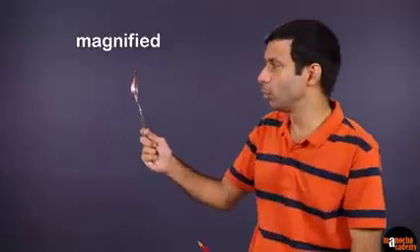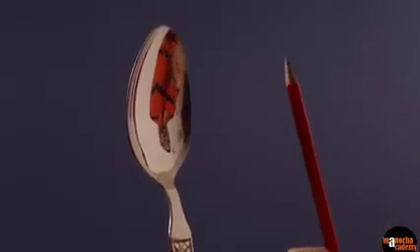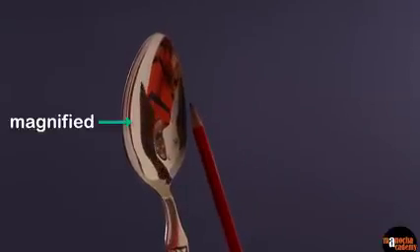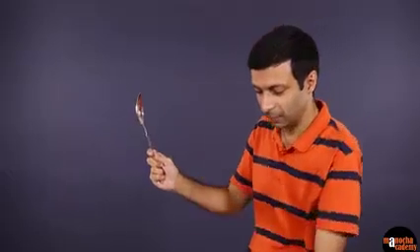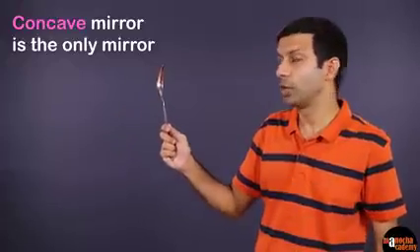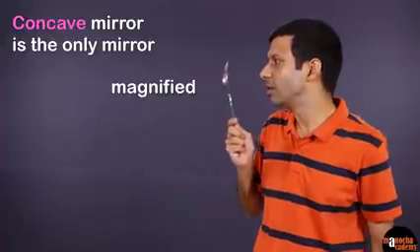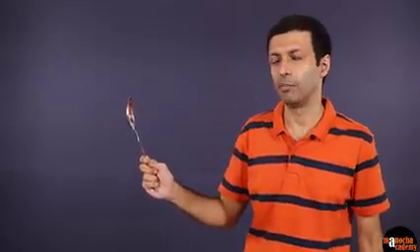But an easier way to do this is to hold an object like a pencil and get it really close to the mirror. Now you can clearly see the magnification. So a concave mirror is the only mirror that can produce an inverted image in this position or a magnified image.